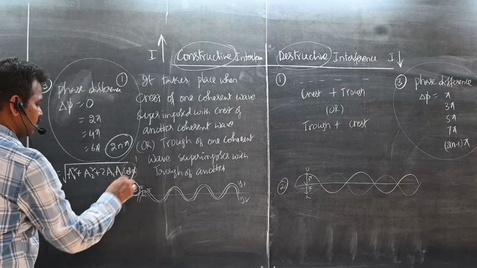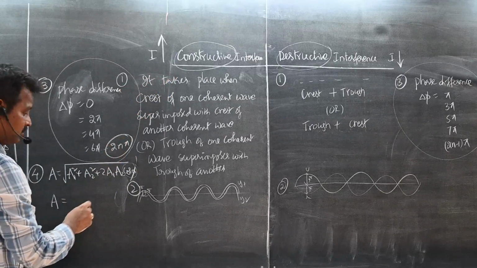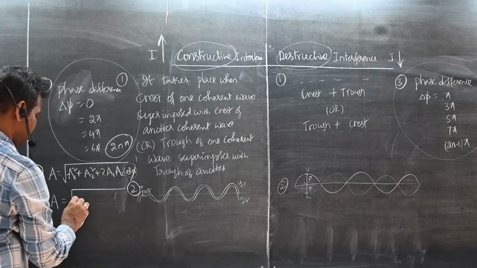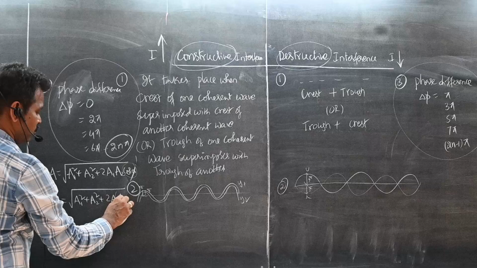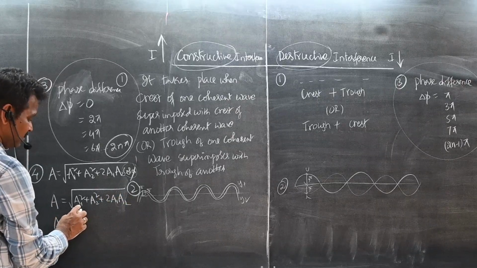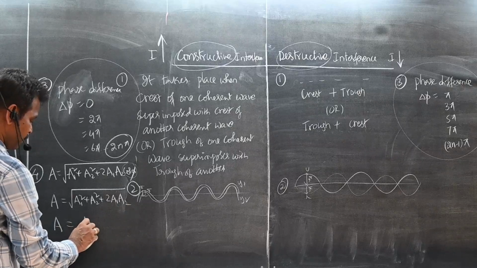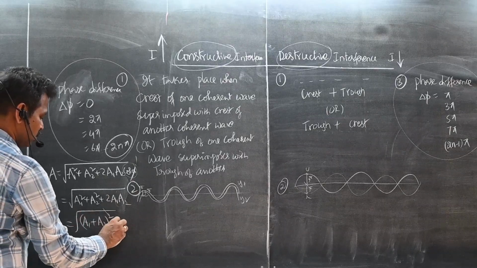What is cos 0? So what is the amplitude of the constructive interference? a1 square plus a2 square plus 2a1 a2. Can I say this is a square plus b square plus 2ab?